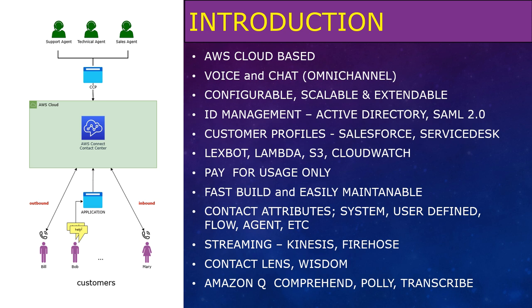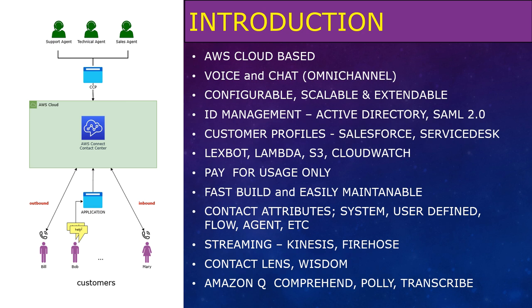So self-service in Amazon Connect is really powerful because a customer could ask something via chat, and the chat could respond with information pertaining to a particular company's products or information. So it's really important in self-service.